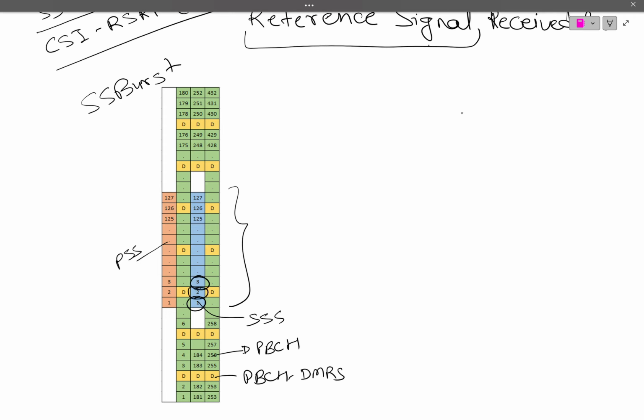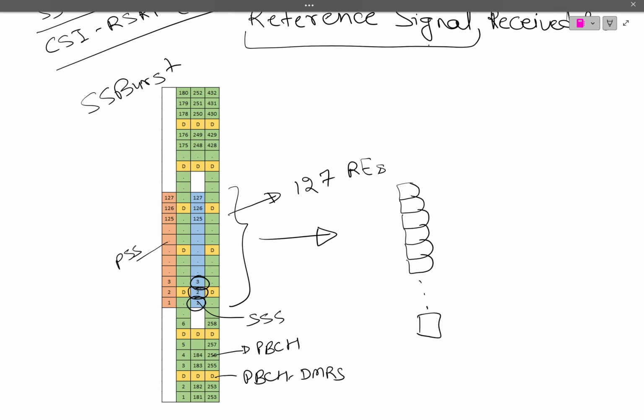As we see, there are a total of 127 REs. So the UE reads the received power of each RE and then averages them on a linear scale. So these powers are averaged in watts, not in dB.